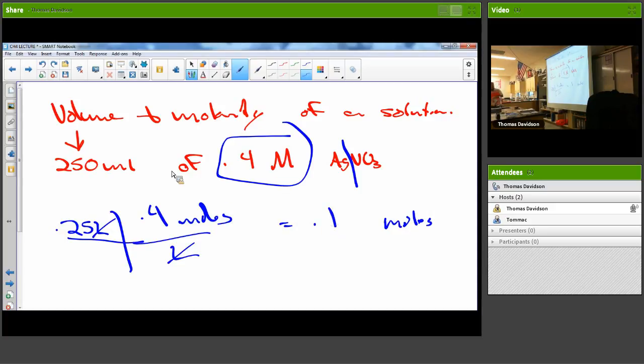So if I had this solution, I would have 0.1 moles of Ag plus and 0.1 moles of NO3 minus. We all right with that idea? So in order to find your moles, when you're given those things, you just multiply the two numbers by each other. You have to make sure you're in liters though. So hopefully you know, but if you don't, you move the decimal 3 places to the left to find liters.